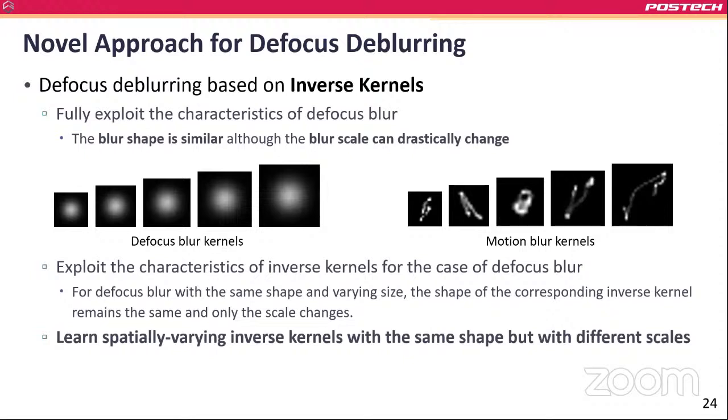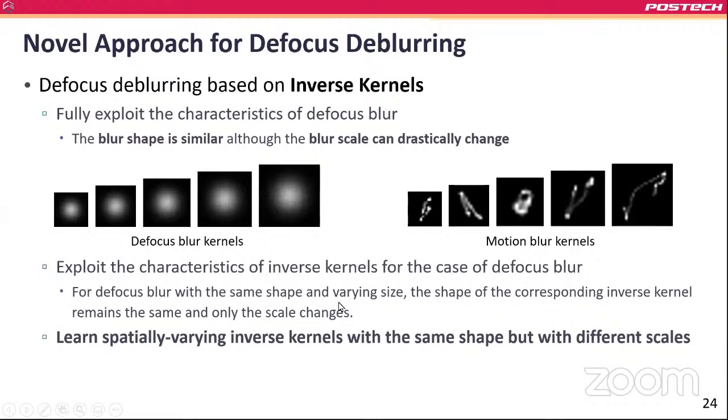You remember at the beginning, I mentioned that in the case of defocus blur, the blur shape is similar, but the blur scale can change depending on the image pixel position, right? But in the previous paper, we only used the spatially varying property, not the specific inherent property of defocus deblur. In this paper, we try to exploit this specific property of defocus deblurring based on the inverse kernel.